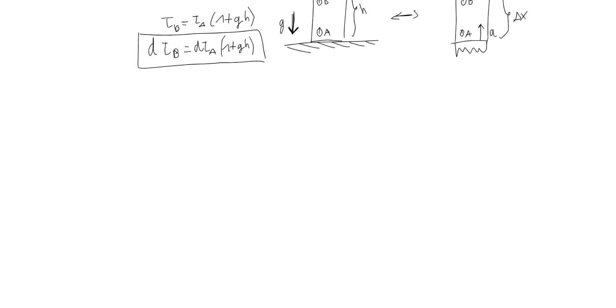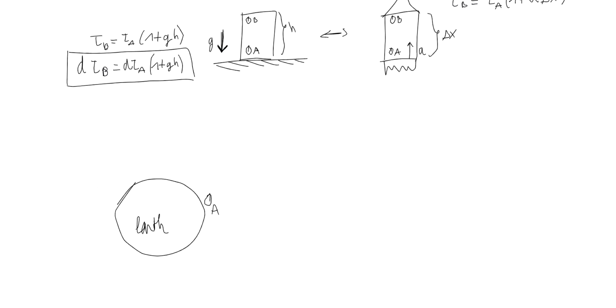Now we can ask ourselves, this is Earth. What is the time difference between a clock on Earth, that will be tau A, and a clock radially very far, actually radius goes to infinity, clock B? What will be the difference between clock A and clock B?